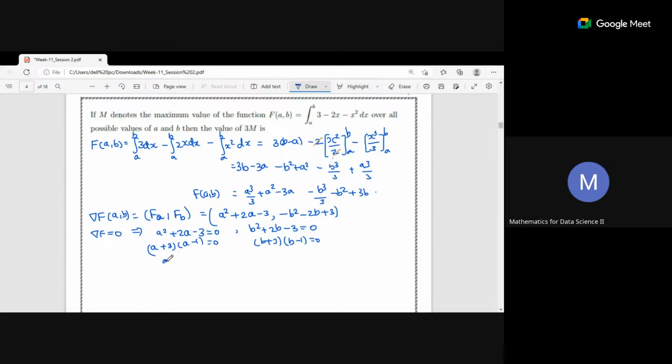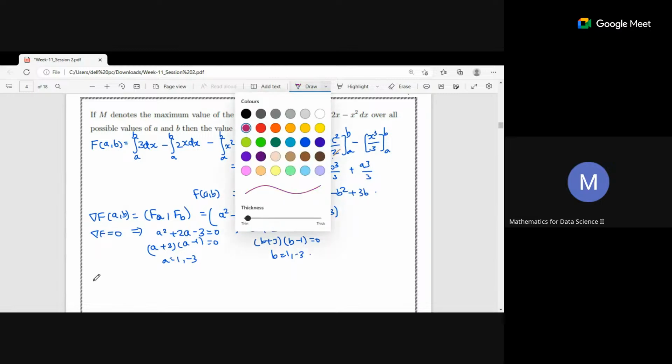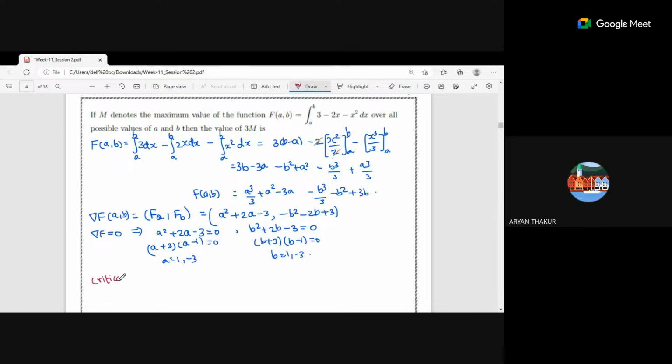So you get a is equal to 1 or minus 3 and b is equal to 1 or minus 3. Okay. So what are the critical points then? We get four critical points, which are (1, 1), (1, minus 3), (minus 3, 1), and (minus 3, minus 3). So these are the critical points.